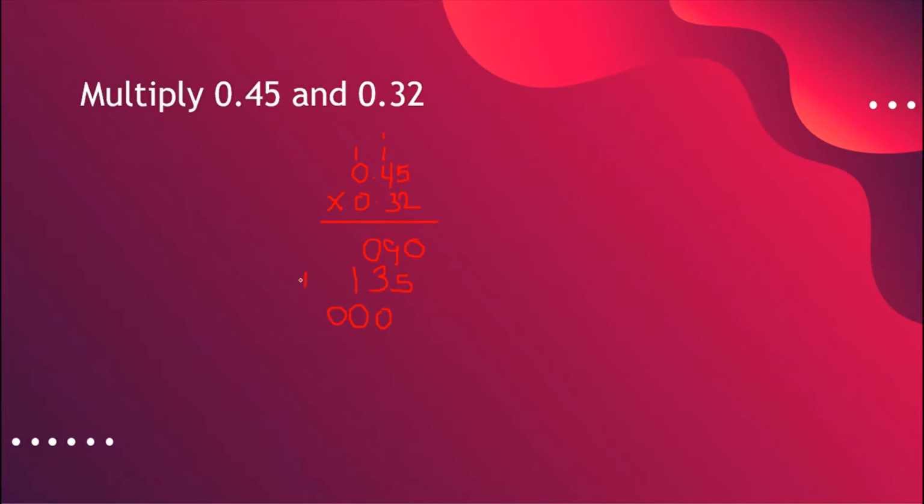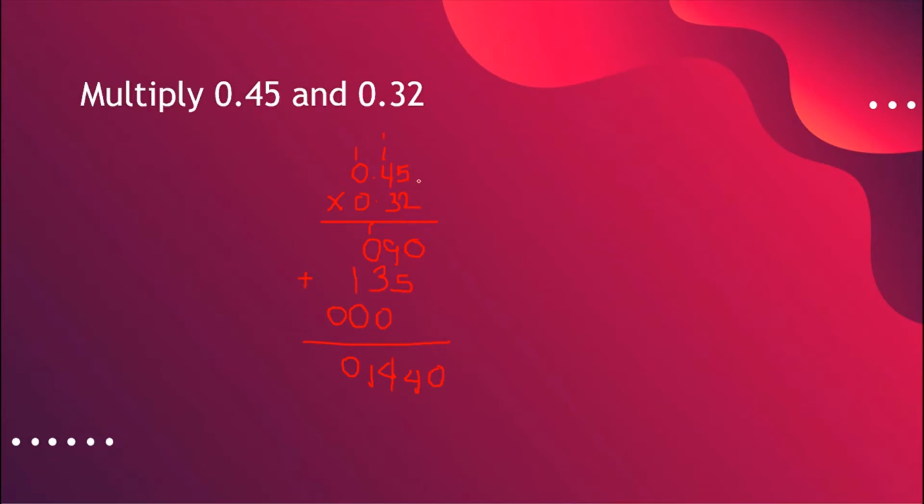And let's add them all. So we have 0, we have 14, carry 1, we have 4, and we have 1. Don't forget to bring down 0. Now since we already have our product, this time we're going to place our decimal point.